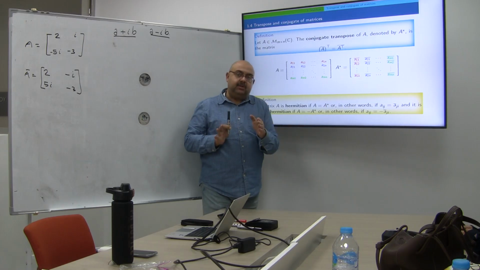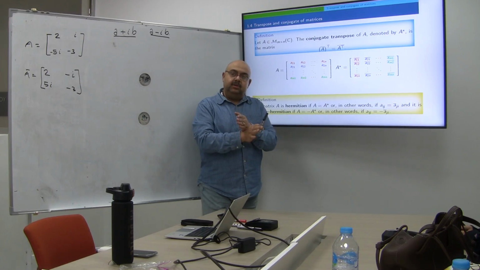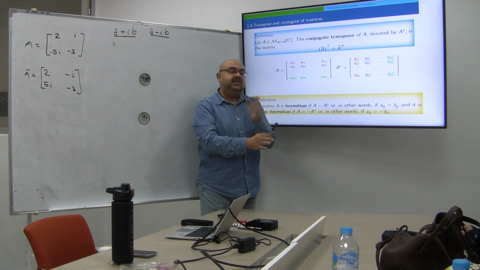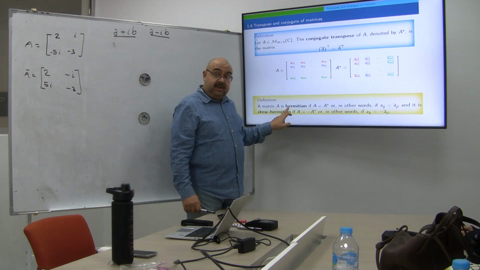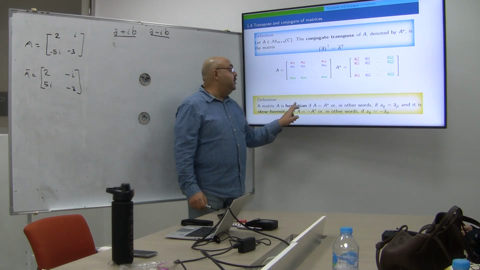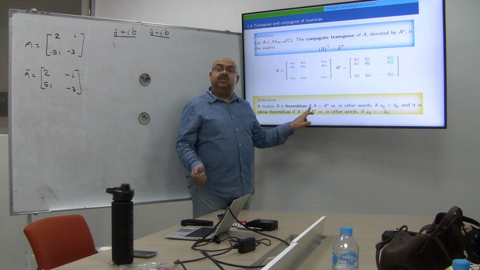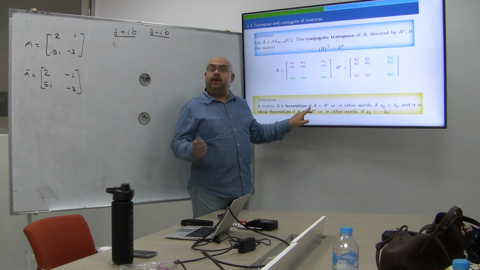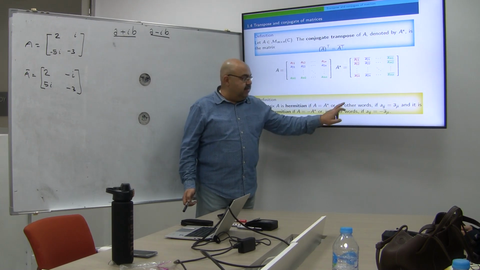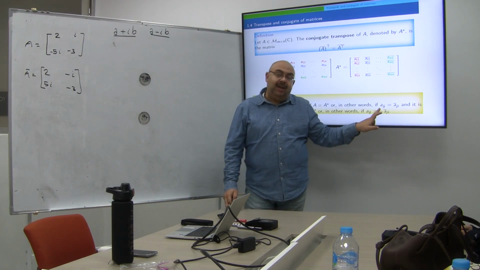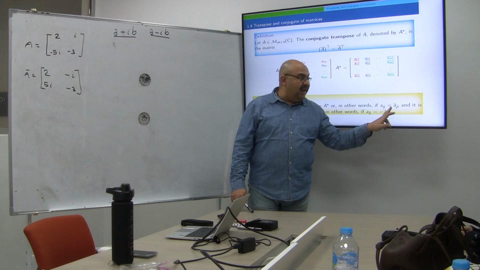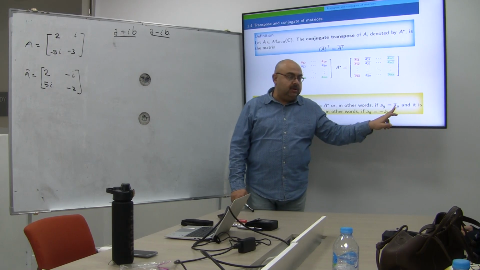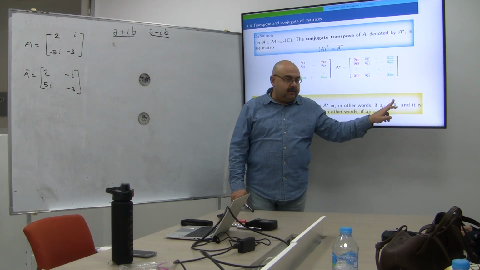So if you have a matrix, you get its transpose, then you get its conjugate, you will find that it's equal to the main matrix. So the Hermitian matrices are those where the matrix equals the transpose of the conjugate or the conjugate of the transpose. In other words, A_ij, any element in this matrix, will equal the conjugate of A_ji, which is the transpose with conjugate.